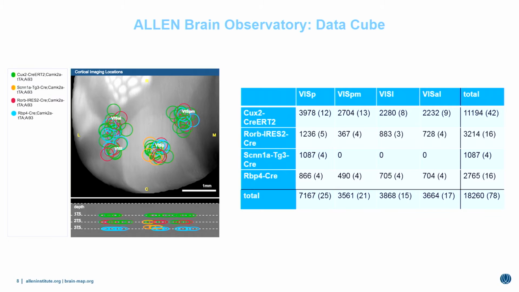And then finally, you can see how these experiments have been distributed across imaging depths. So we image at different imaging depths, hopefully trying to get different layers from the cortex where the cells are being expressed. So the table over here can show you the distribution of these neurons and the number of experiments for each visual area and each Cre line to get a sense of the breadth of this data set.